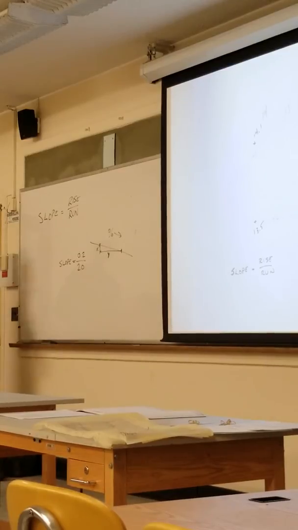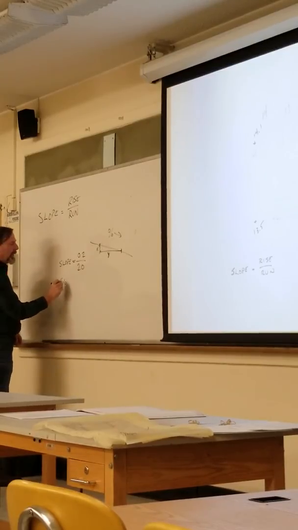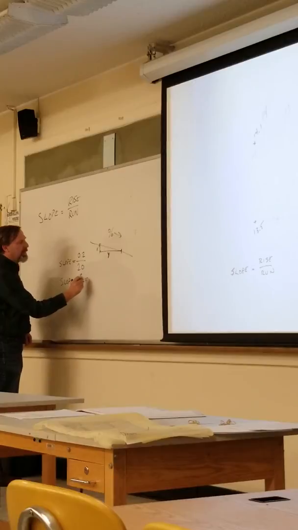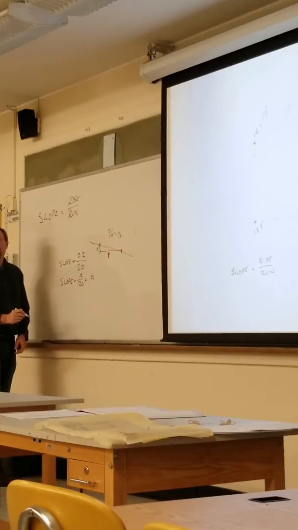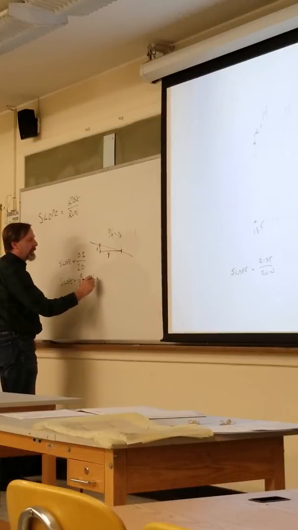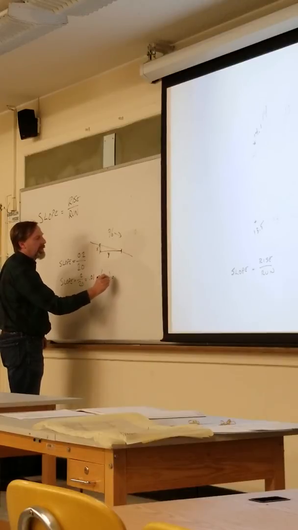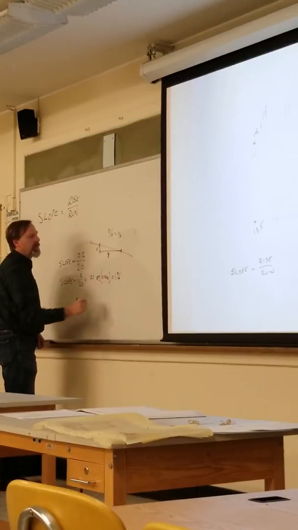The slope is equal to 0.2 divided by 20, which is equal to 0.01, times 100, and it's equal to 1%. It's a 1% slope.